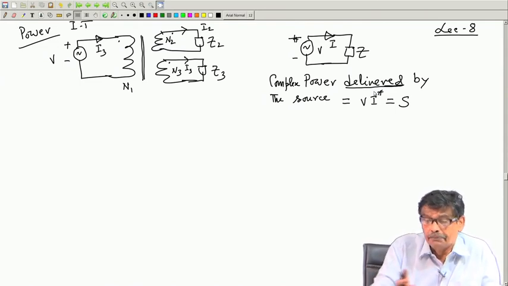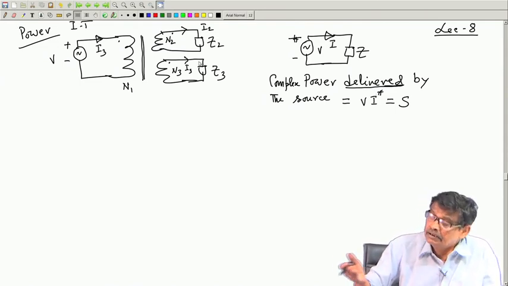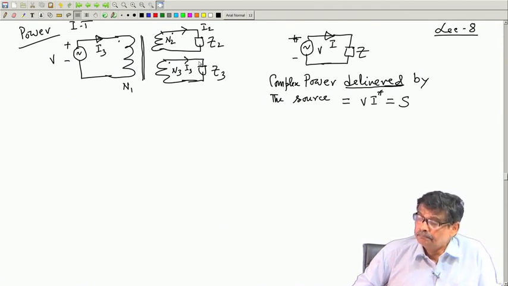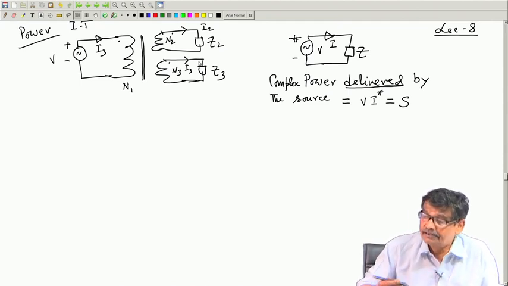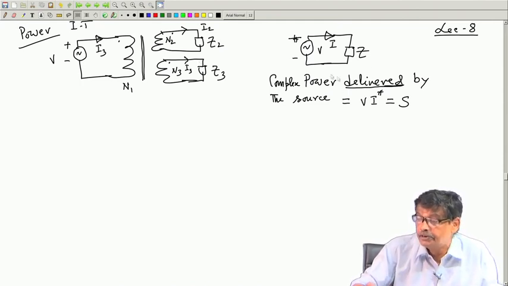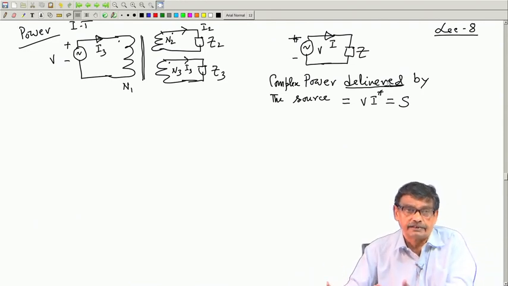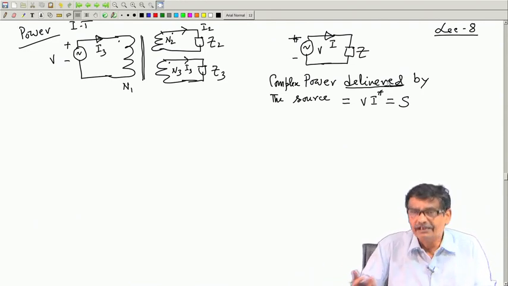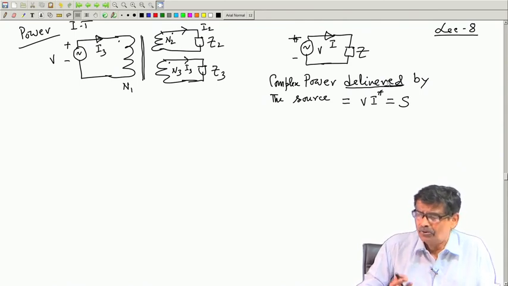It might so happen that after you calculate V I star, the real part becomes negative. I should not be surprised. Then the complex power delivered by the source is, say, minus real power 100, which means it is really absorbing real power. You know all these things.